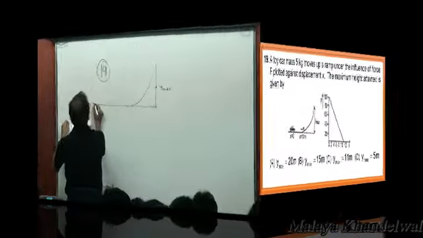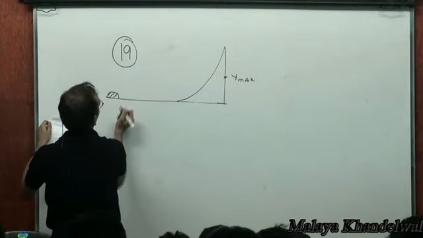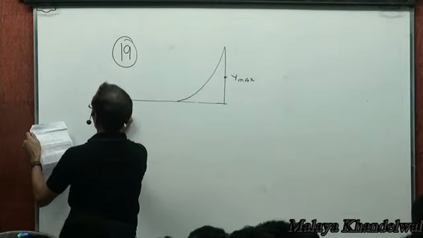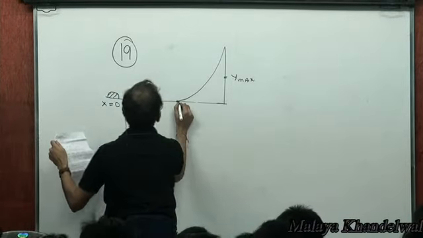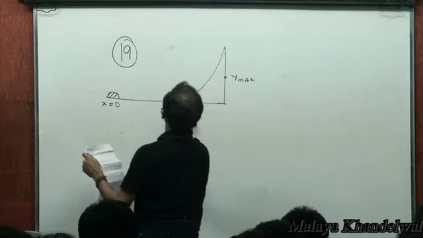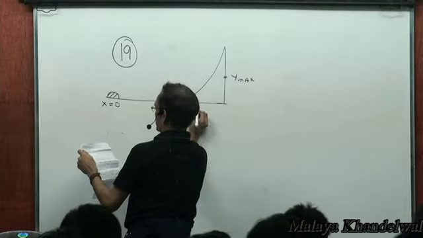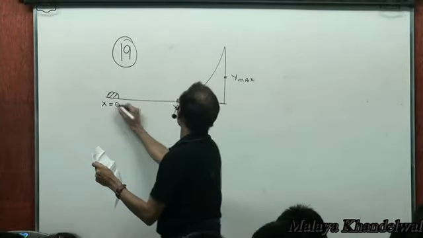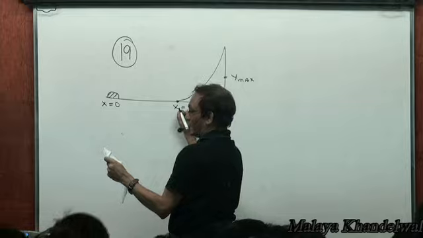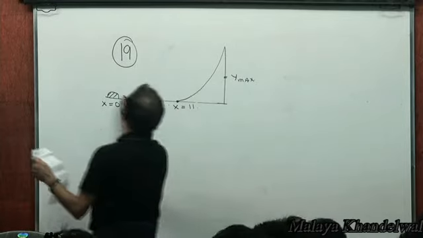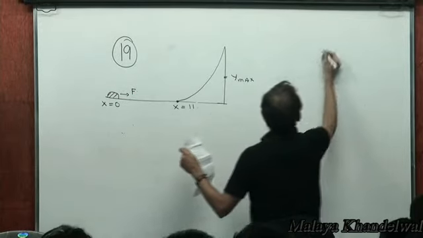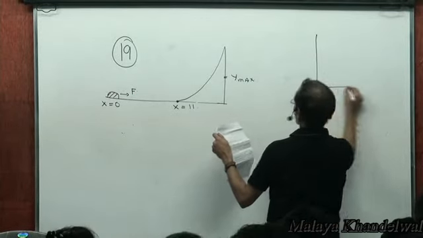There is a toy car here. Initially at x equal to 0, and this point of the ramp is x equal to 11, right? And when it goes from x equal to 0 to x equal to 11, it's under the influence of a force F that varies as given in the diagram.